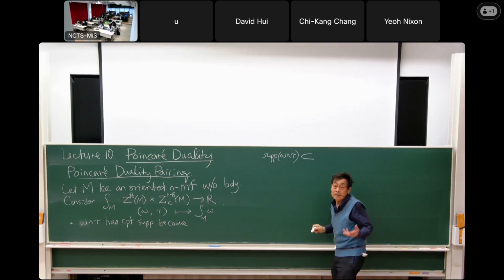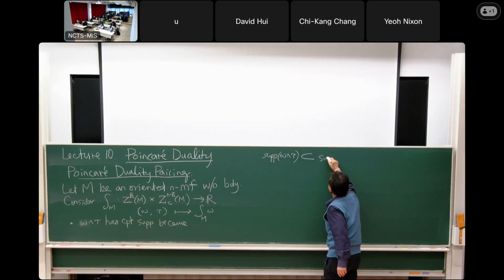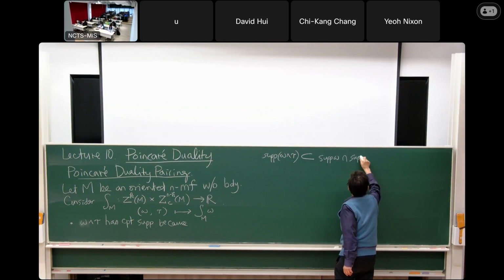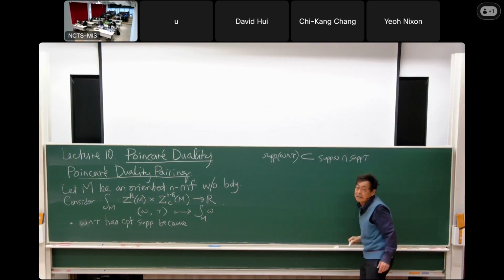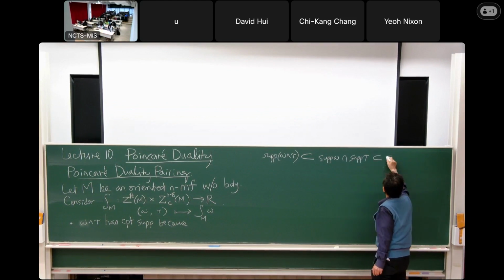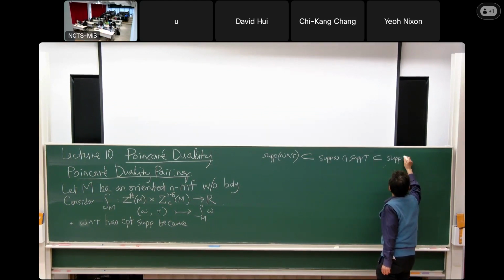It's contained in the intersection of the supports. And so that's contained in the support of tau.